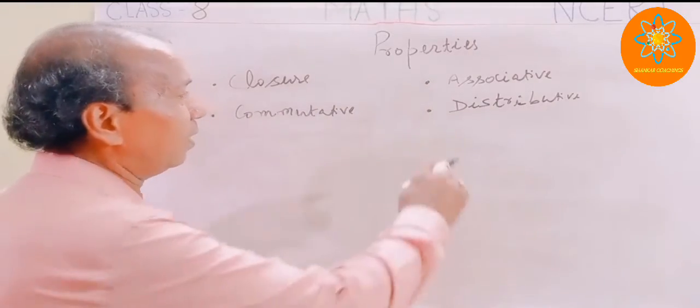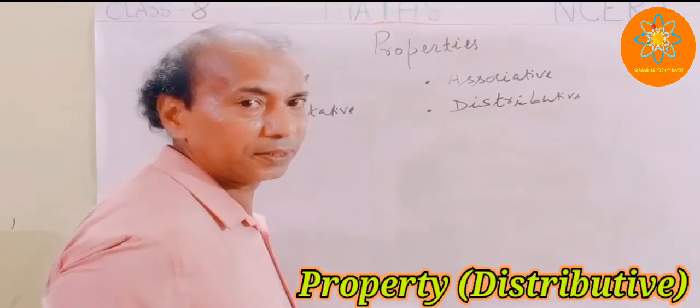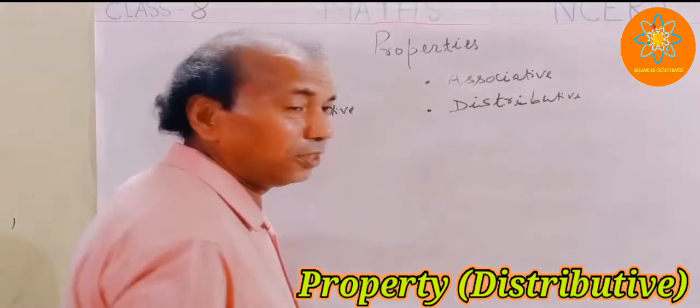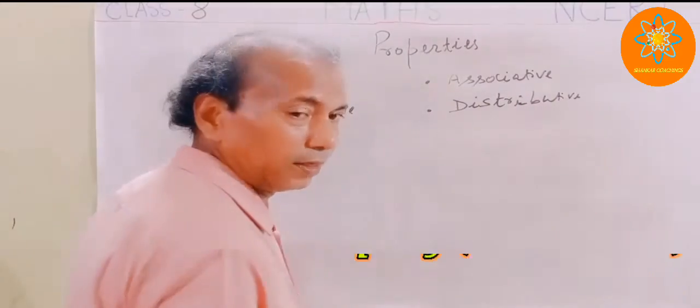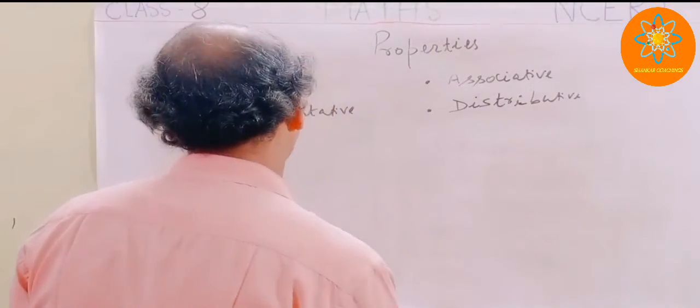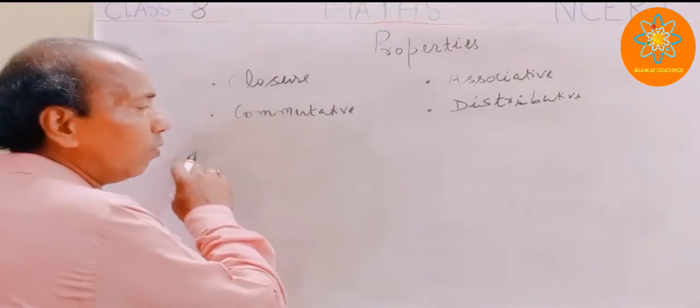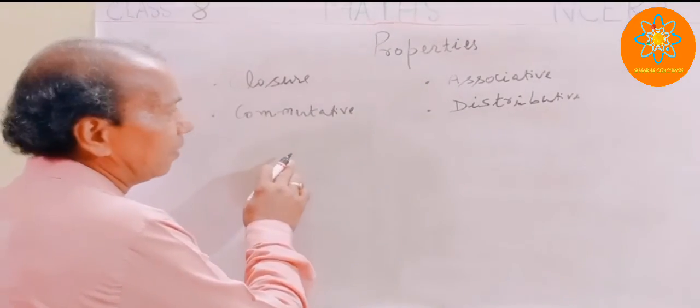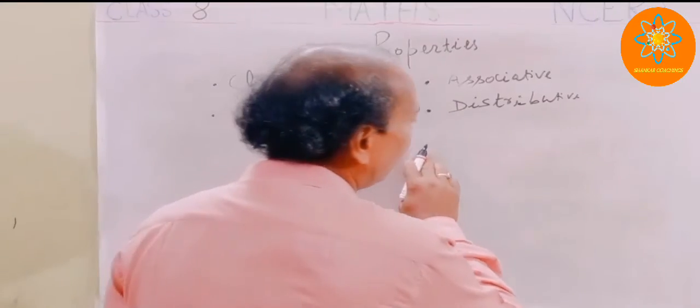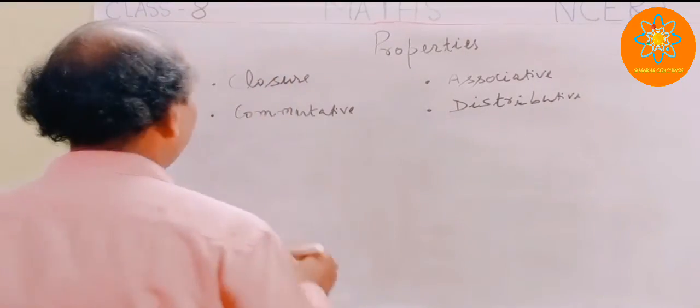Now the next and last is the distributive property. In the distributive property, there are two cases. One is multiplication over addition, and another is multiplication over subtraction.